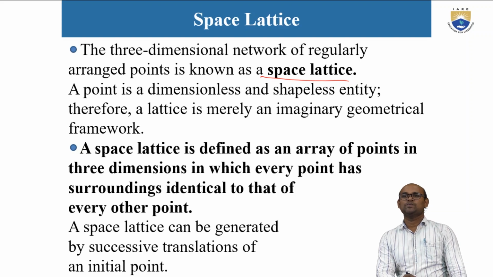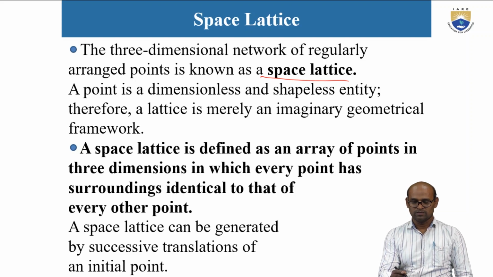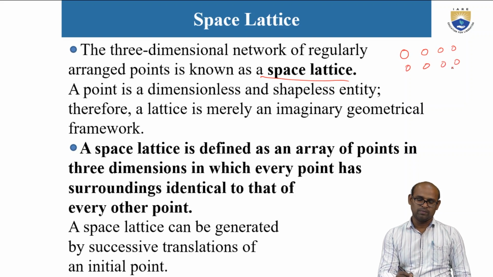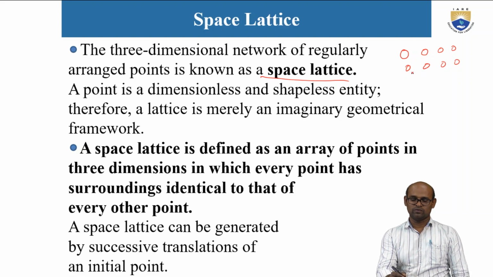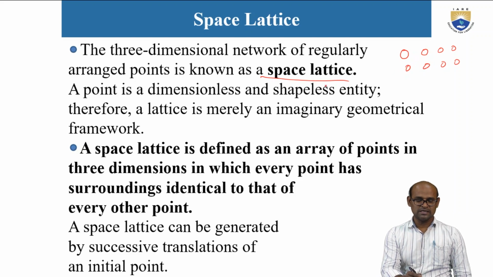So what is a space lattice? Space lattice is a three-dimensional network of regularly arranged points. I can draw only two dimensions here. Of course I can draw three dimensions also, but that is a bit difficult to visualize. The space lattice is nothing but a three-dimensional network. This is one network along one direction, this is another network along another direction.